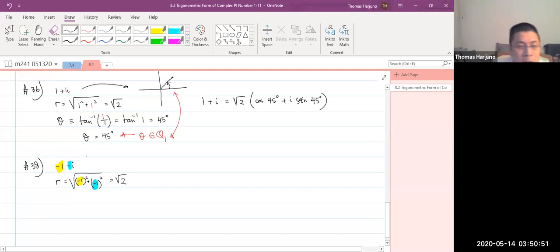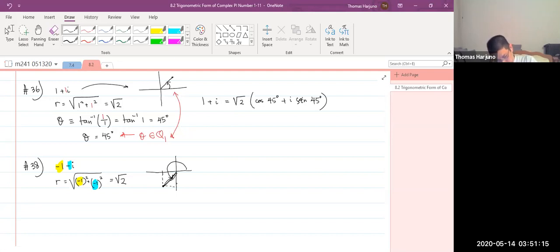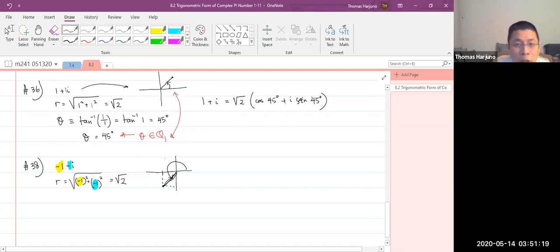Now the thing is, which quadrant is this located in? Negative 1 is here. Actually, from the picture, you can tell right away the angle is what? The angle is 225 degrees, right? But how do we get that though? Here's the thing.